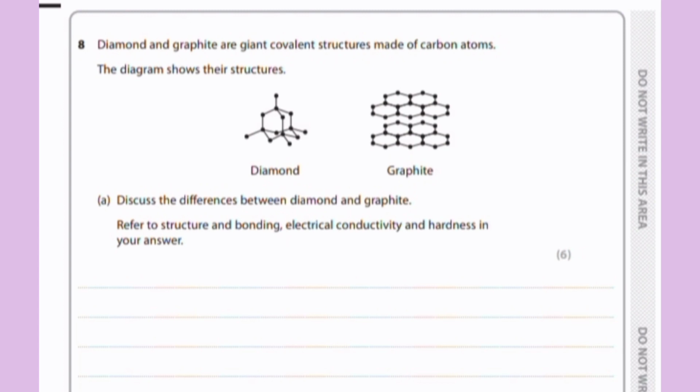However, in graphite, each carbon atom is bonded to 3 other carbon atoms, which forms a hexagonal structure arranged in layers. The layers can easily slide over each other, which is why graphite is soft. And since the carbon atoms are only bonded to 3 other carbon atoms, this leaves free electrons which can jump between the layers, which is why graphite can conduct electricity.